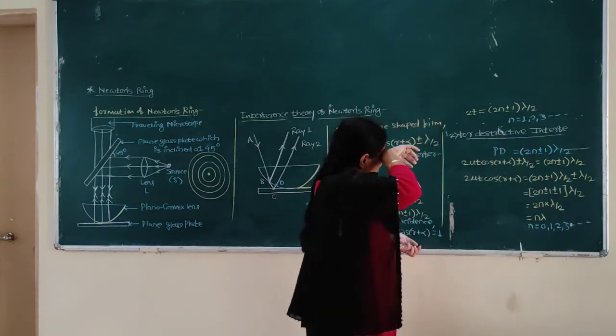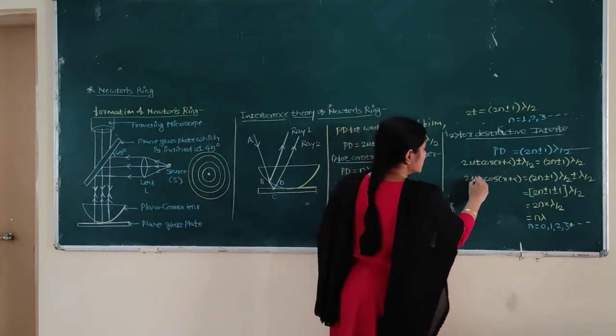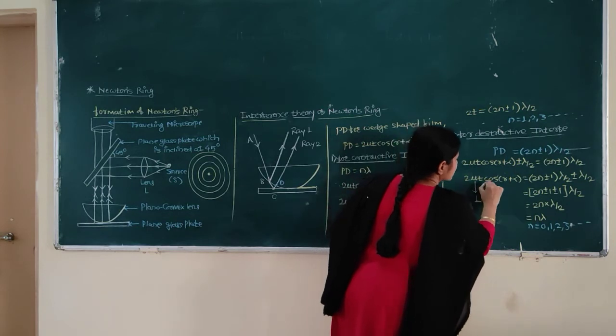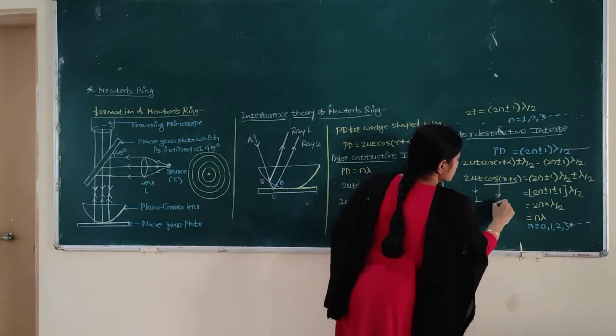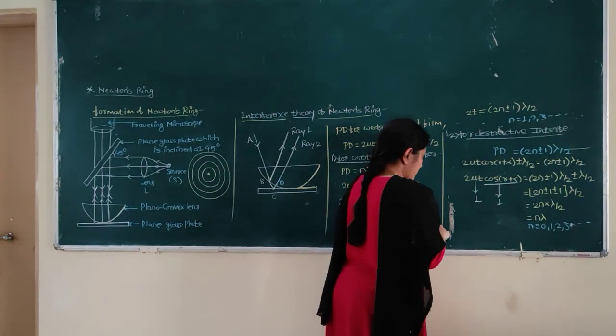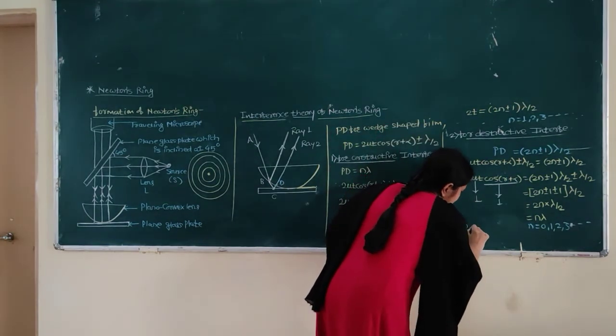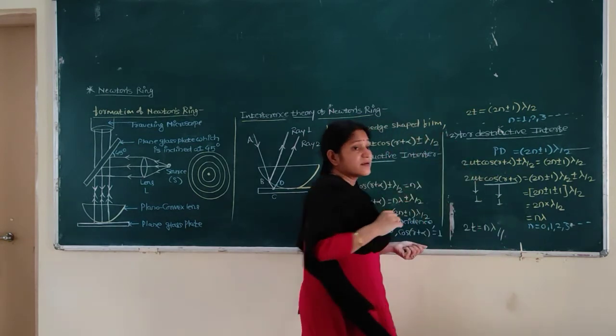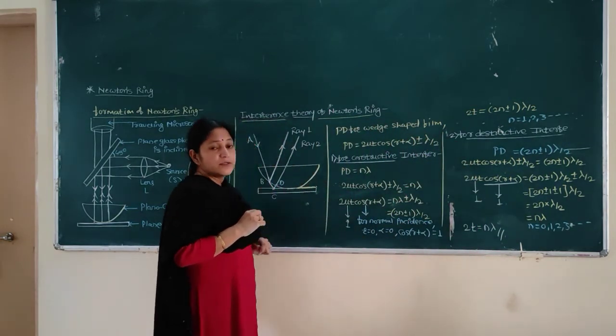Okay. Now again here by putting the refractive index of air equal to 1 and this term equal to 1, we get the final equation 2t is equal to nλ. So these are the conditions for Newton's ring.